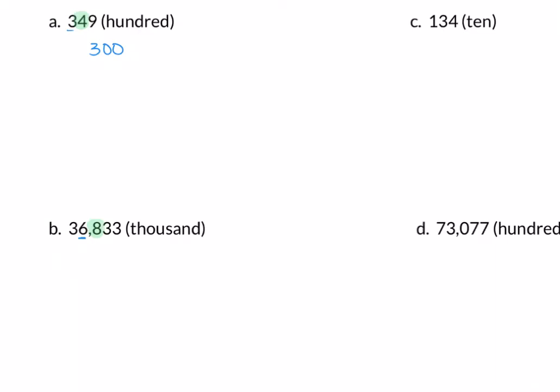So what I want to do is keep the 3. I'm going to change the 6 to a 7. Everything to the left always stays the same. So we get 37, and then we replace all the other digits to the right with zeros. So 36,833 rounded to the nearest thousand is 37,000.